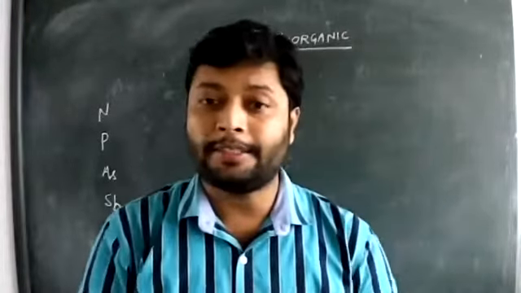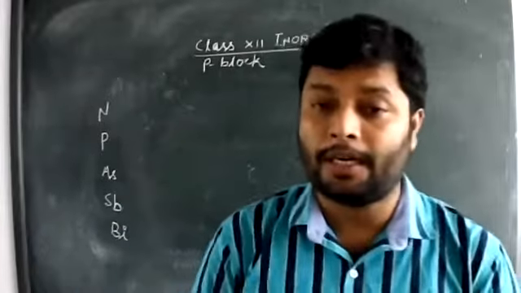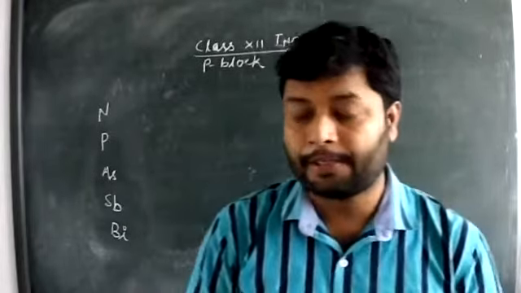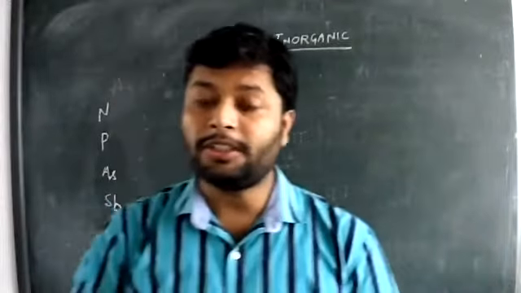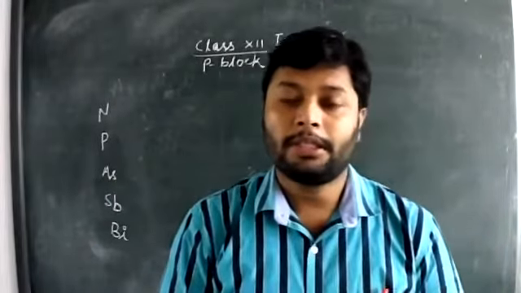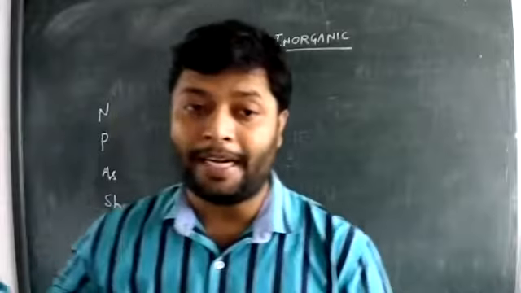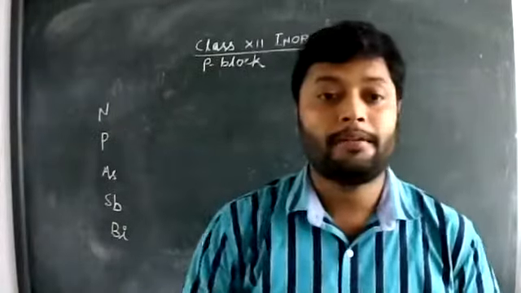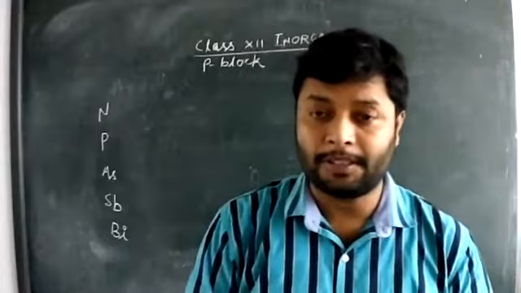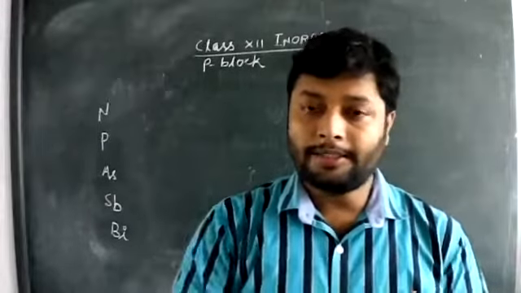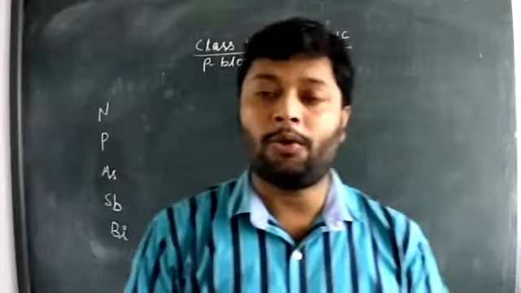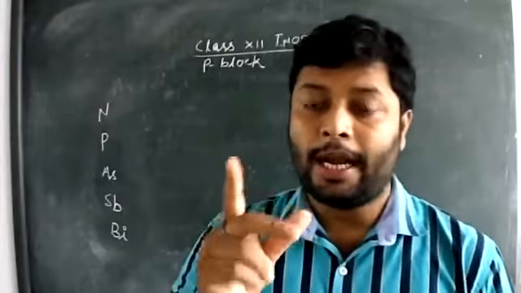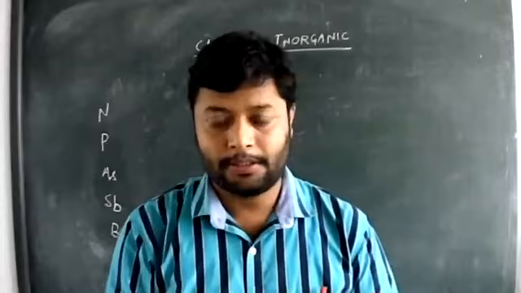Last day we had a discussion about some basic concepts related to the periodic trends of P block, such as the oxidation number and the availability of d orbitals in some of the elements, like phosphorus, arsenic, antimony and bismuth, and some properties which deviate because of the availability and unavailability of d orbitals.